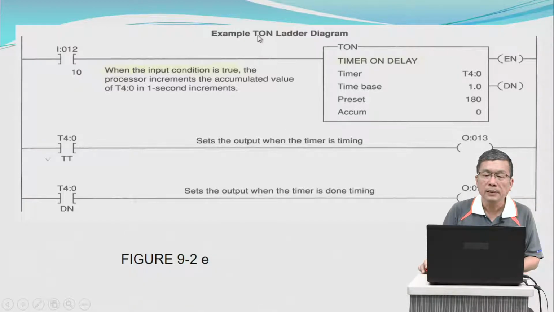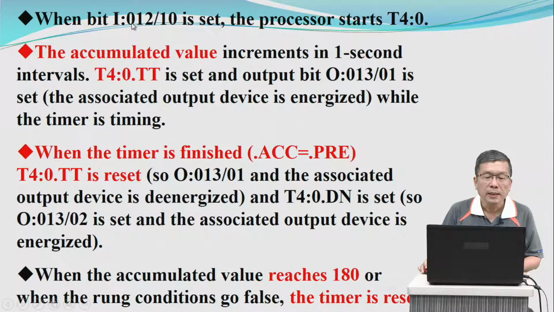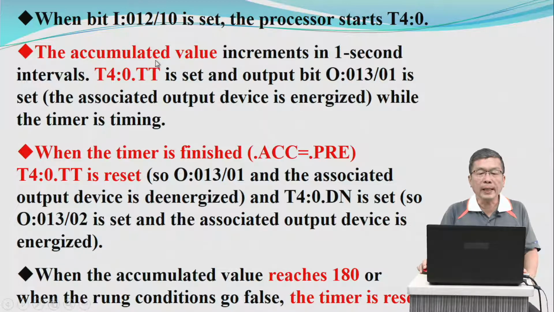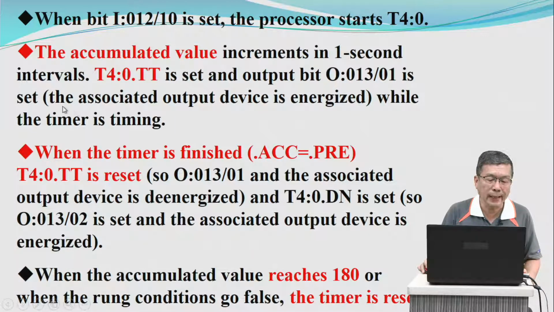This shows the time delay on diagram. When bit I012-10 is set, the processor starts T4:0. The accumulated value increments in 1 second intervals. The T4:0.tt is set and output bit O013-1 is set.